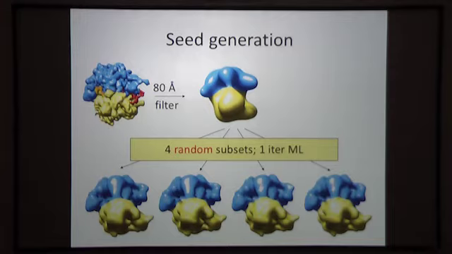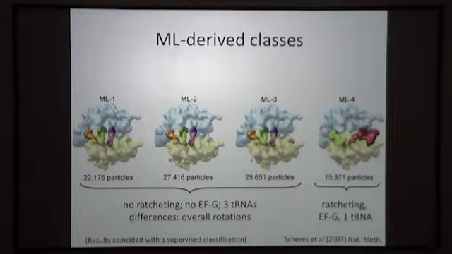But the difference between them only arises from the differences in the random subsets. Then you can do this competitive alignment where you do all the images against the 4 different references, again doing orientational and class assignments in this probability weighted manner, and then we showed you can actually get about 6% of the images have EFG and all the rest doesn't. So that's still how RELION works as well.